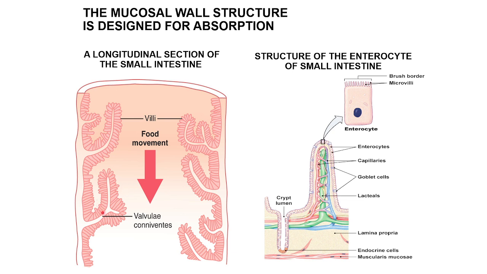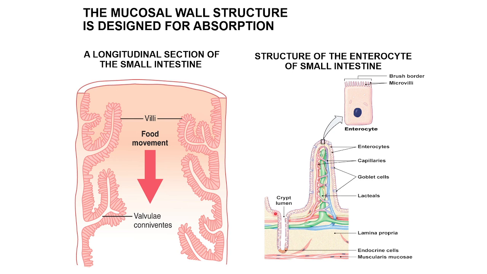So here we have once again these Kerckring's folds, or valvulae conniventes. Then as you see, they have the macrovilli. Here is one villus, and the crypt. So throughout the surface of the small intestines, there are villi and crypts, and while villi are protrusions of the mucous membrane, the crypts are invaginations.